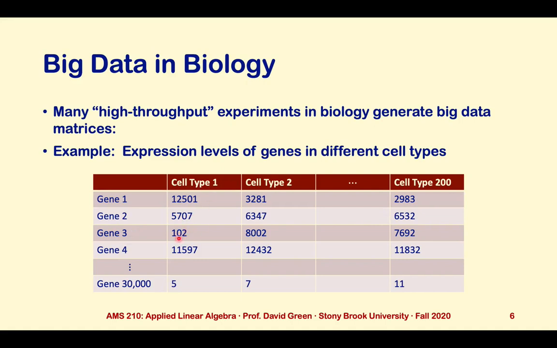We may have genes that have much lower in one and higher in another. We might have other genes, again, that have a similar range of expression in different cell types, but at a different level than another one. We might have genes that have very low expression in most cell types. This sort of data would be encapsulated in a 30,000 by 200 matrix, a big, big matrix.